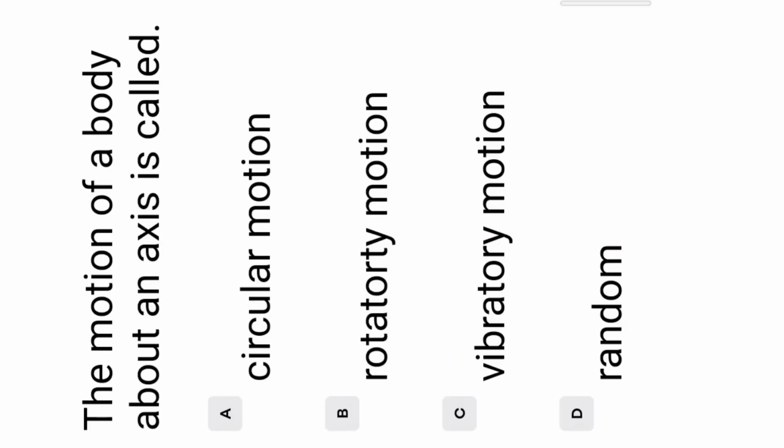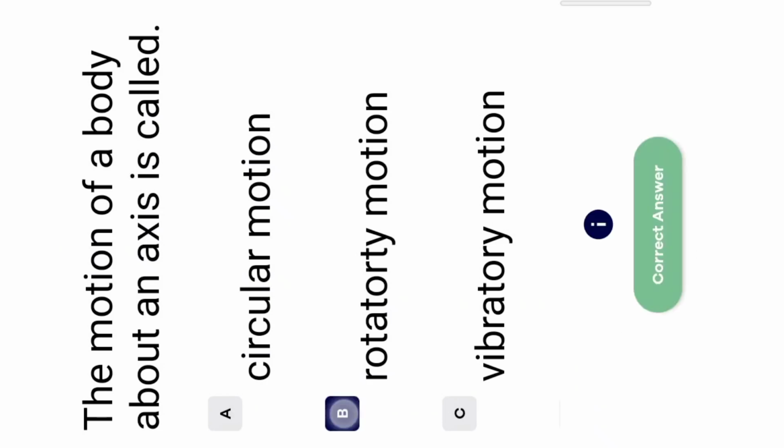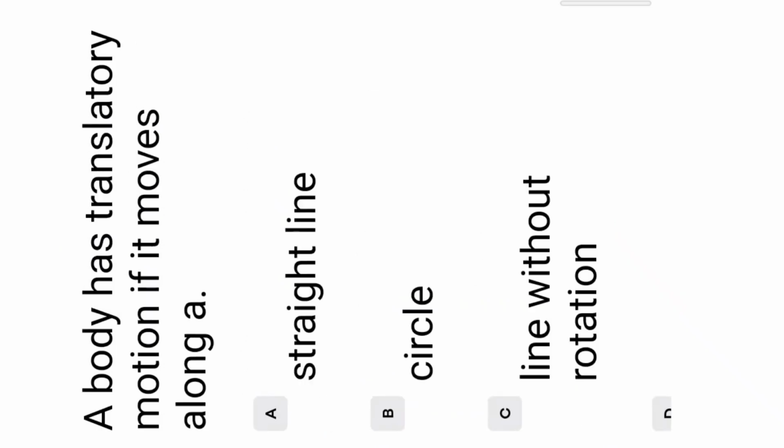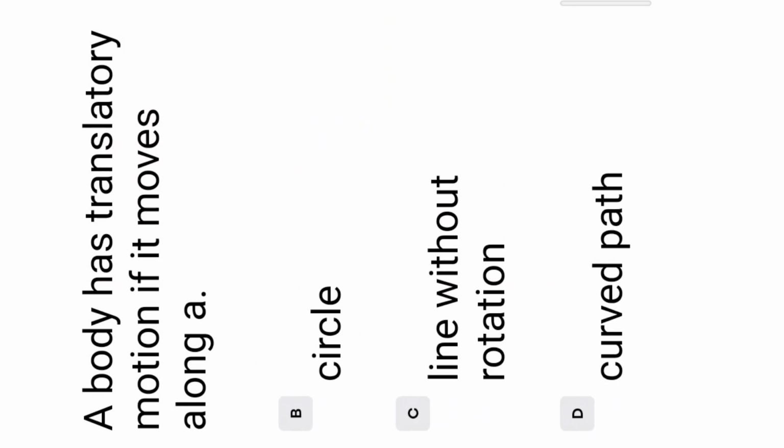The motion of a body about an axis is called A circular motion, B rotatory motion, C vibratory motion, D random motion. B option is correct, rotatory motion. A body has translatory motion if it moves along A straight line, B circle, C line without rotation, D curved path.